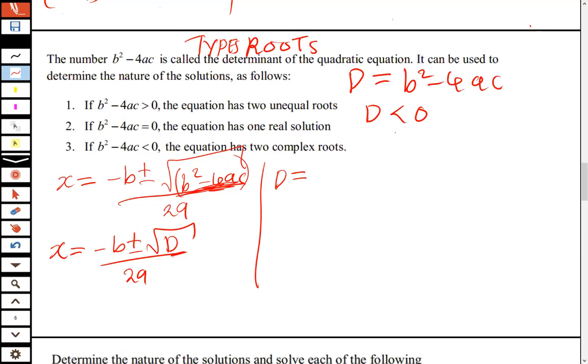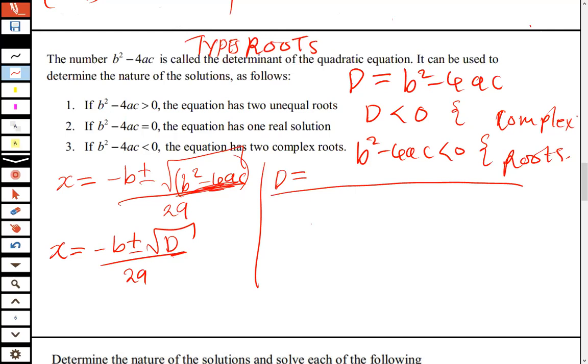So the answers you get when D is less than 0 will be imaginary numbers, which are complex roots, or you can say imaginary roots. That's what it means.